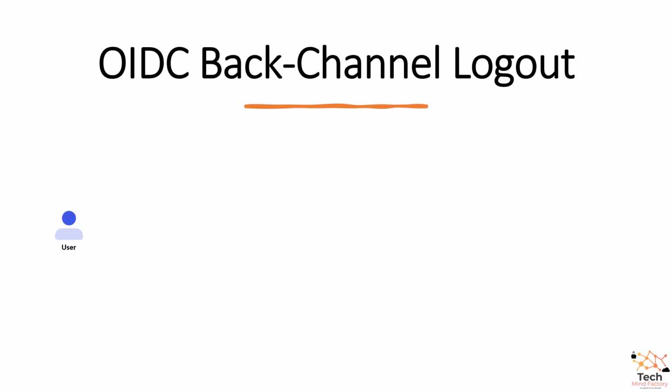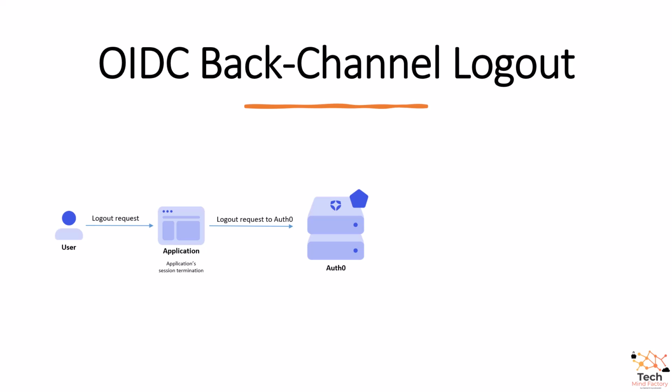And now let's see it on this diagram, and let's see those different steps here. So there is a user. The user clicks the logout button in the application. And now the application session is terminated, okay? And there is also a call to the logout URL on the Auth0 side.